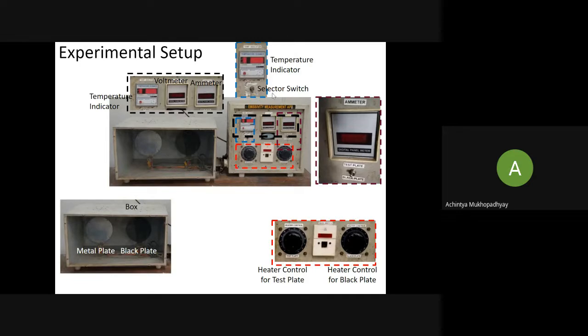So if you use this selector switch, you will get the values. Okay. So here in the box, you can see that they have been placed just side by side, and just for the aid of visualizing, you have put a glass surface here on the front, but you could have put some opaque surface also, some plywood surface like the other faces also.